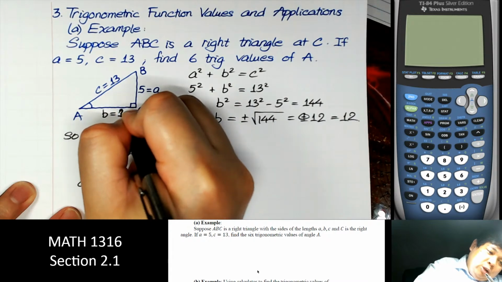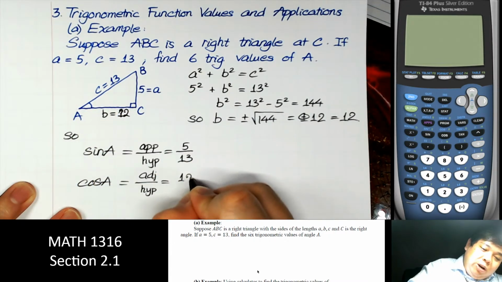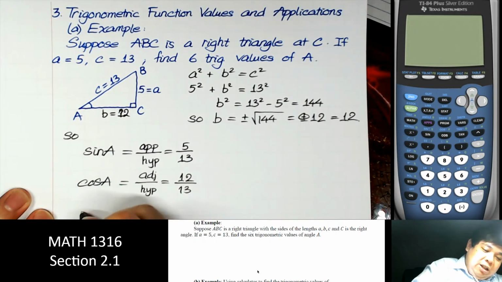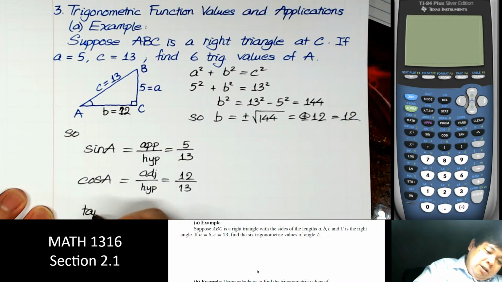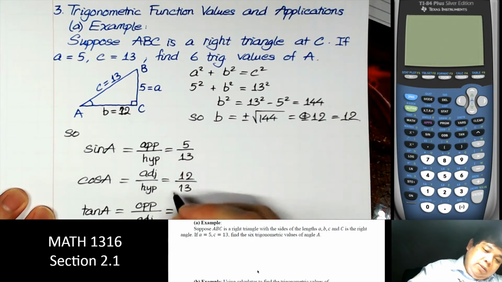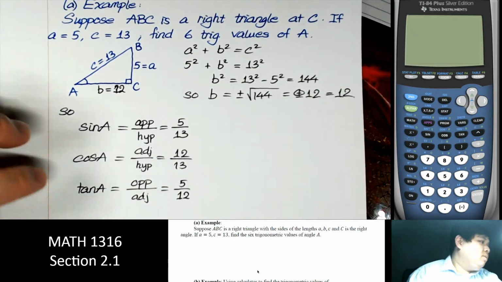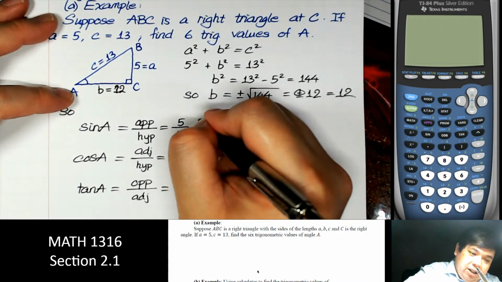Now we know it's going to be 12 over 13. Tangent of A is opposite over adjacent.